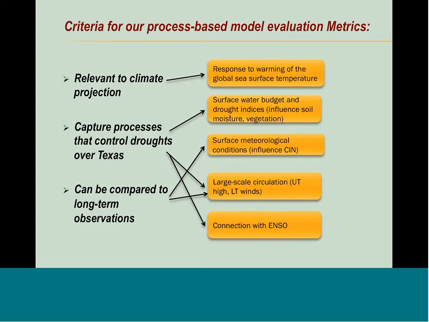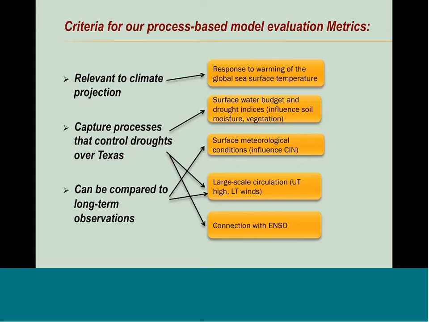Also, the 500 hectopascal middle tropospheric anticyclonic ridge during the summer is very important for drought. And finally, the connection between regional rainfall and ENSO is very important. So the evaluation needs to look at whether models could adequately capture these key processes for the extreme events.